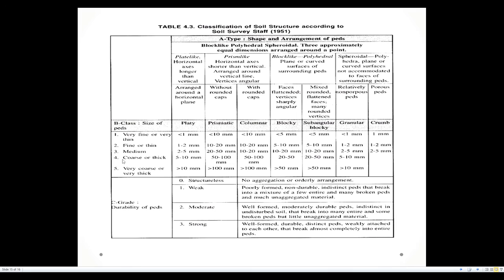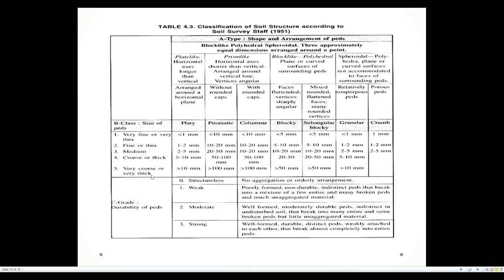And the third one is the medium. How is the medium? In platy, 2 to 5 millimeter. The fourth is coarse or thick. How is the size of the peds? Is it coarse or thick? It is classified like this. The fifth is very coarse or very thick. How is the size of the ped?